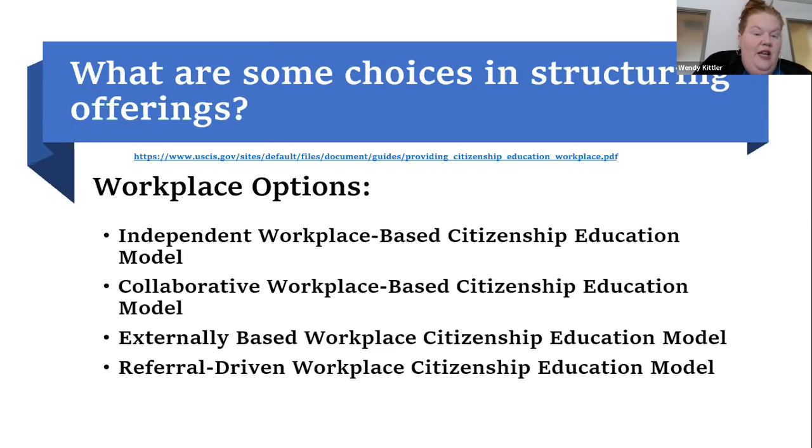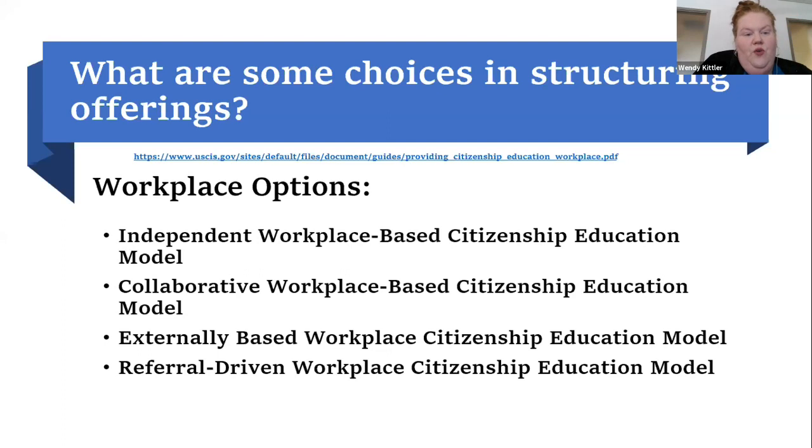Do you just take them as they come? Do you have a whole class? I know Fort Smith has classes of whole groups at a time, but not all of us have ESL classes that large to even have enough to want their citizenship. So what do you do?